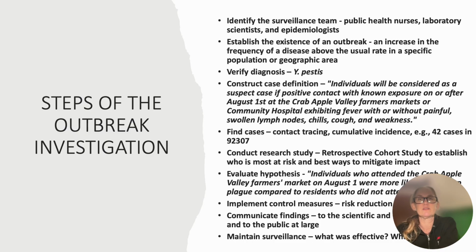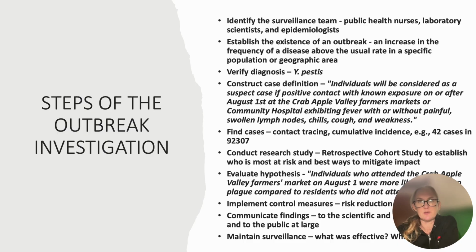In Crabapple Valley, the surveillance team includes staff from Golden Valley Hospital, county public health nurses, laboratory scientists and techs, and epidemiologists from the state health department. Coordinating these efforts ensures that surveillance activities are proactive and responsive to the sudden rise in cases.